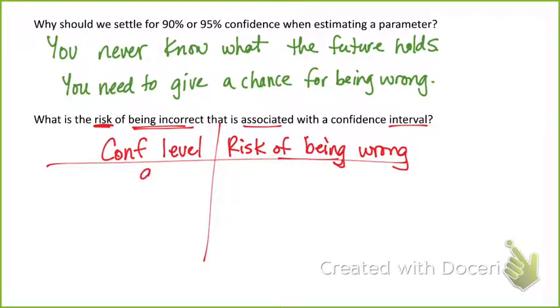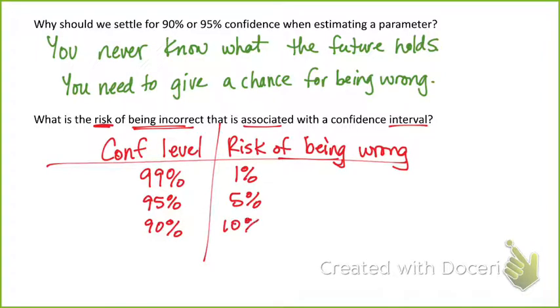All right, guys, if I am 99% confident, what is my risk that I'm wrong? If I am 95% confident, what is my risk I'm wrong? If I am 90% confident, what's my risk I'm wrong? If I am 27% confident, 73. What is my risk I am wrong? You guys see how that works? There you go. I know basic math.